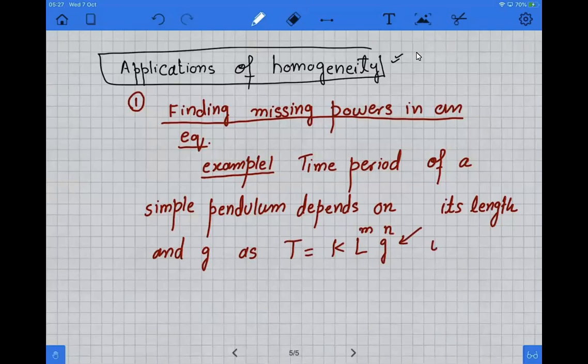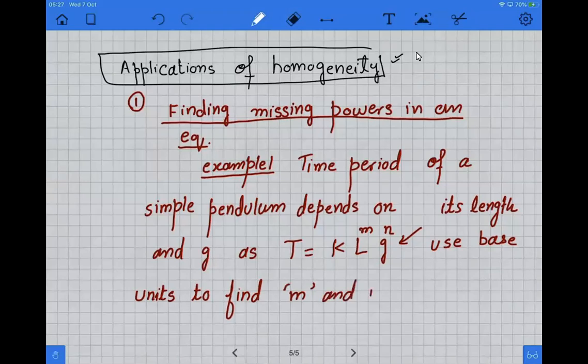Now use base units to find m and n. Use base units to find m and n.